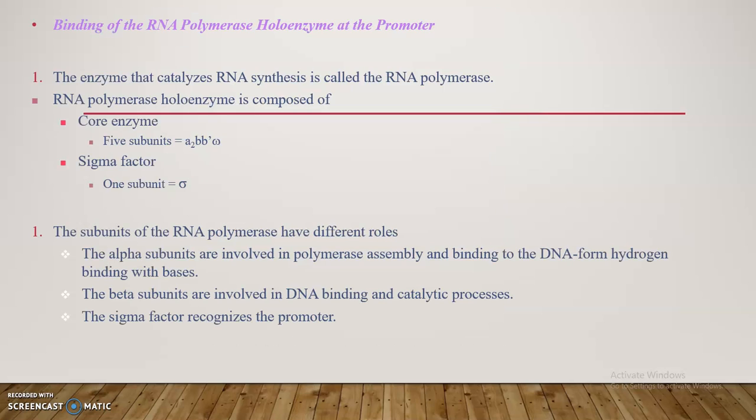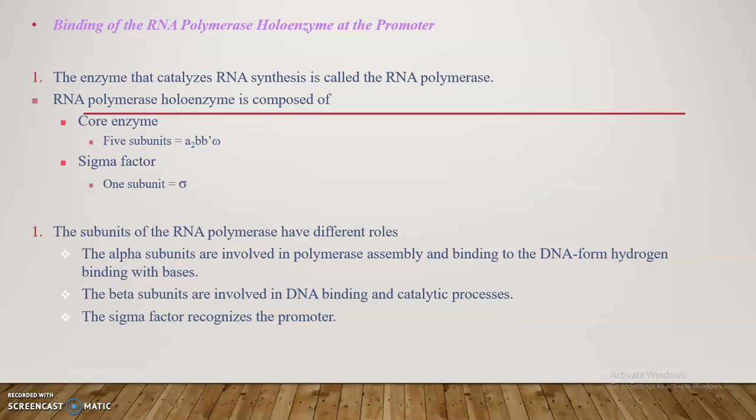Now we go on with the process of how transcription is initiated. Now I'm mainly going to discuss that. Let's say binding of the RNA polymerase holoenzyme at the promoter. When this RNA polymerase holoenzyme is combined with the promoter, only then does the initiation process go on to undergo transcription.